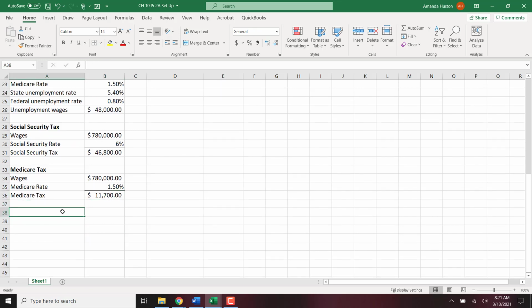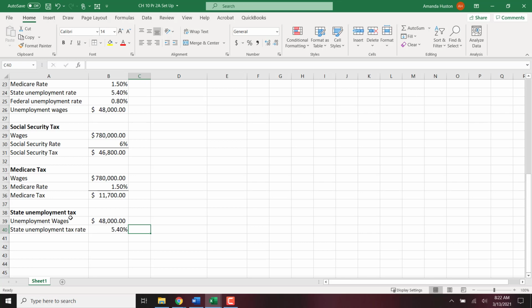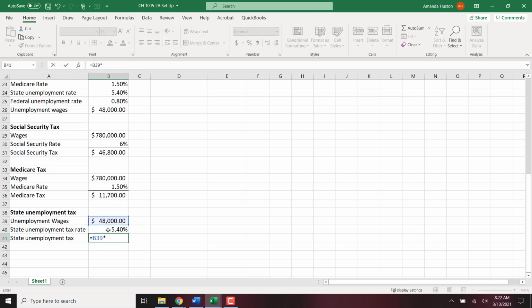Then we have state unemployment tax. We take unemployment wages, which were given in the problem, of 48,000. We take the state unemployment tax rate, and that's 5.4%, and we multiply to get state unemployment tax. This is for the employer only.